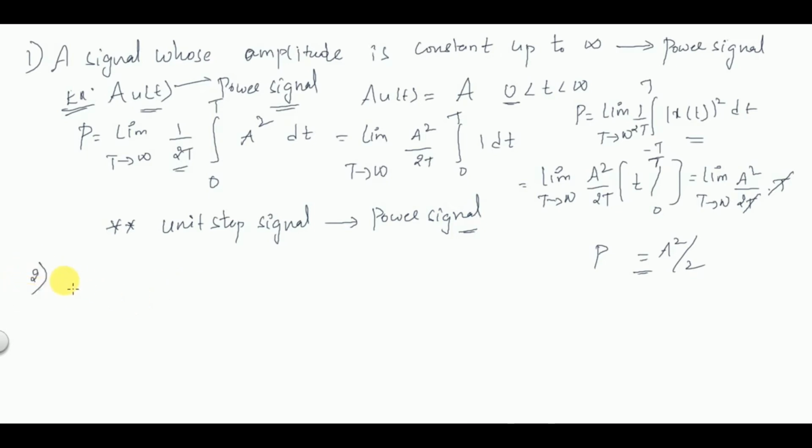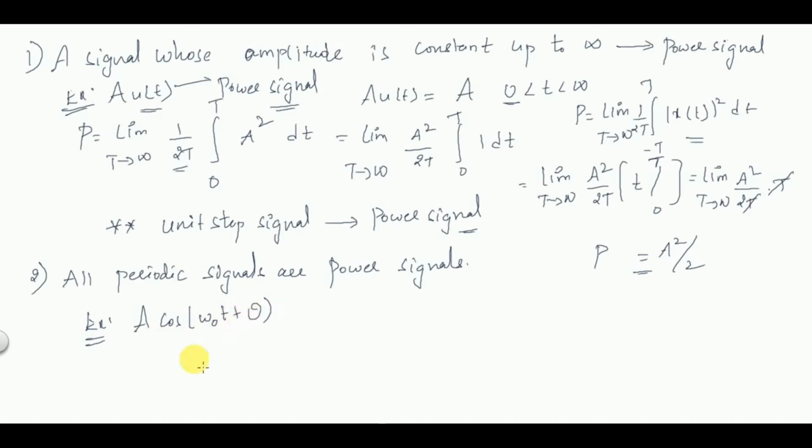Next, second: all periodic signals are power signals. All periodic signals are power signals. As an example you can take A cos(omega naught t plus theta).